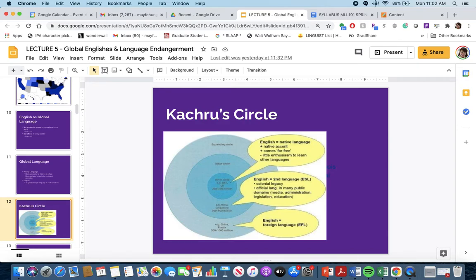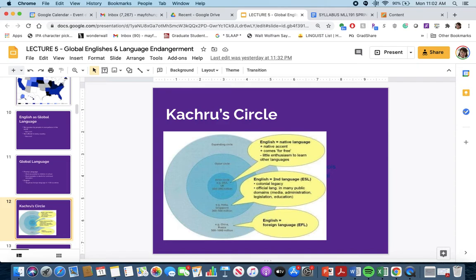And reading some of your linguistic autobiographies, some of you are saying, I wish I learned other languages. That's a fair reasoning, because in America, a lot of people think that we don't need to learn other languages, and that's because Kachru would argue we live in this inner circle, or a bubble, where English is widely spoken and it's a native language.